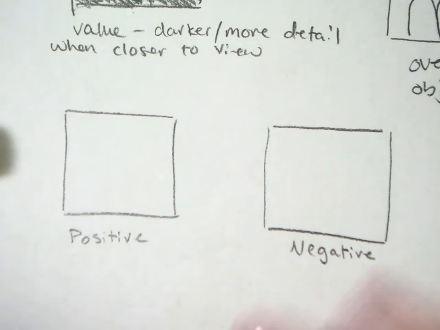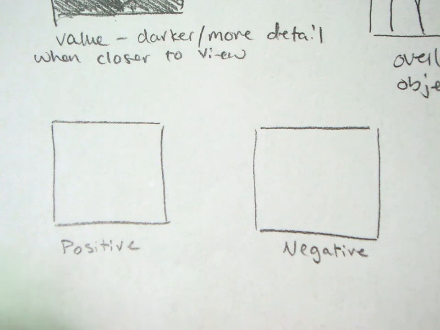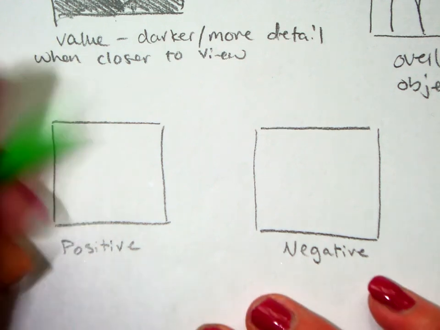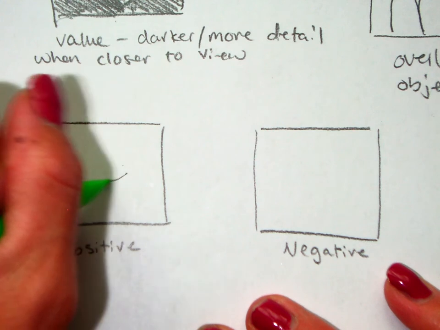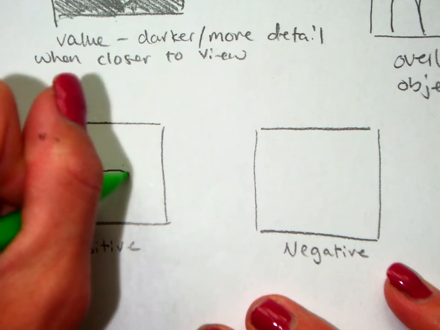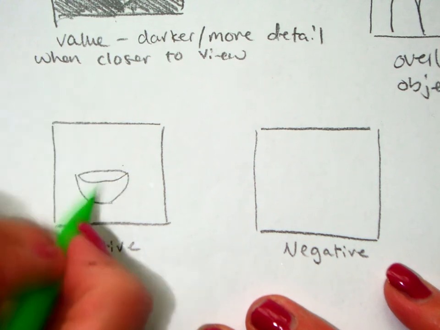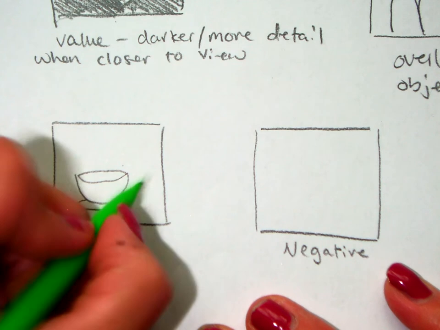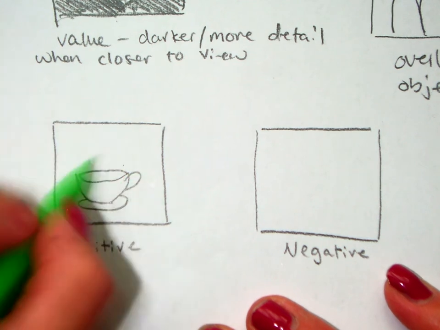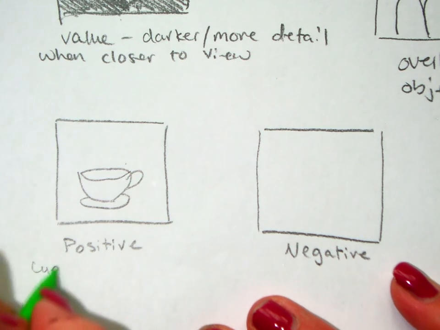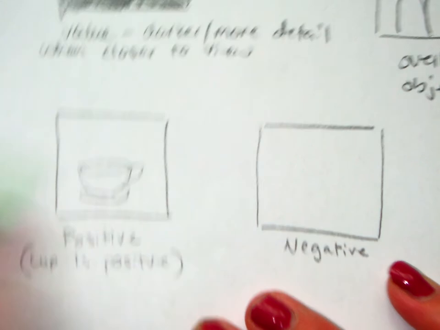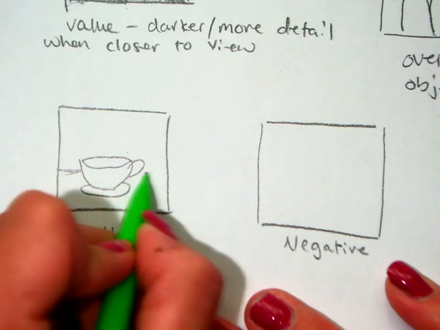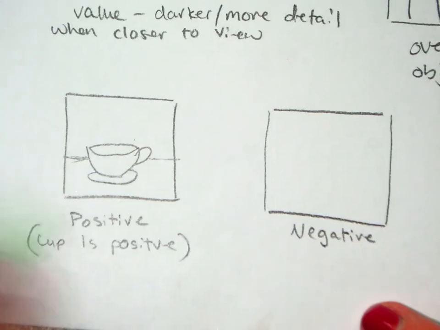Positive space, if you remember from your vocab, is the actual object in the picture. So if we have a drawing of, I'm going to just say a bowl, we have a bowl here or a cup. Yeah, let's just make it a cup. We have a cup here. So the cup is positive. Okay. Even if it's sitting on a table, that's also positive.